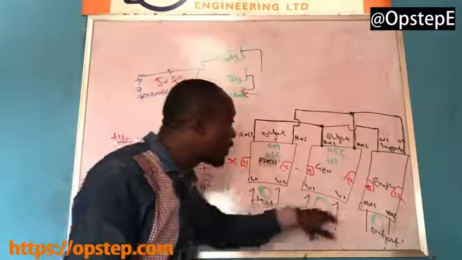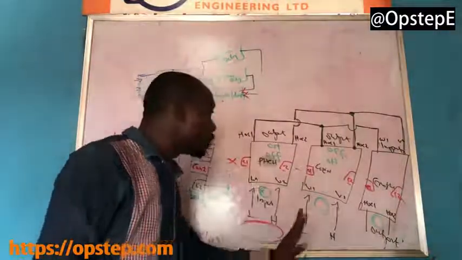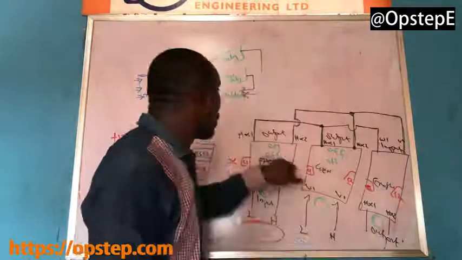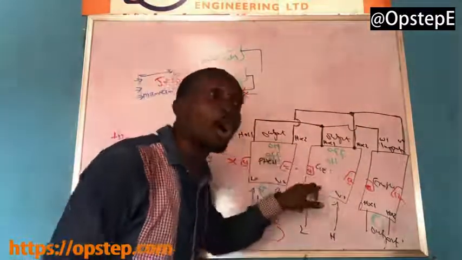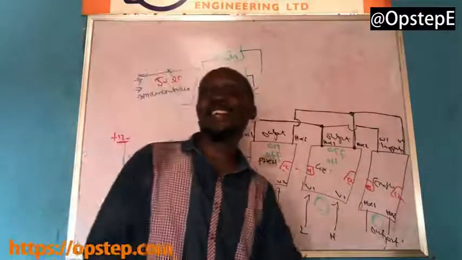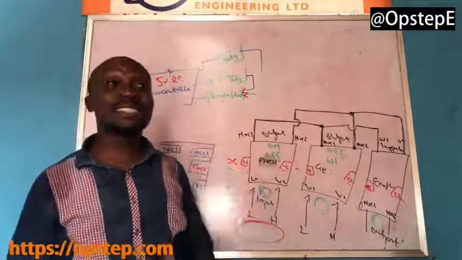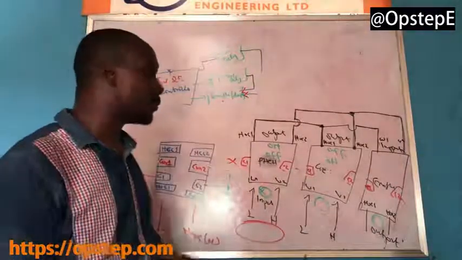Now, all of these three can come on to show that NEPA source is available, generator source is available, and the load is on. So there's light, but only one of these will be on. If you find two of these on, run, because the explosion can definitely happen.